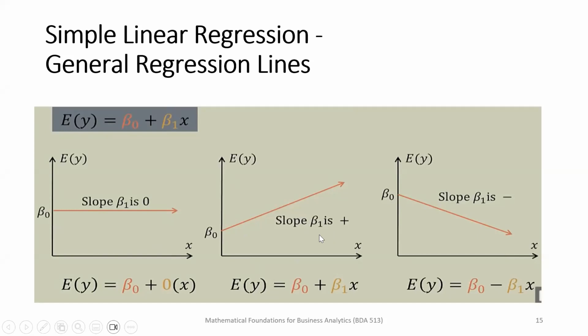Here you can see that beta sub 1 is positive, therefore your slope faces upwards. Where your slope goes downwards, beta sub 1 is negative.